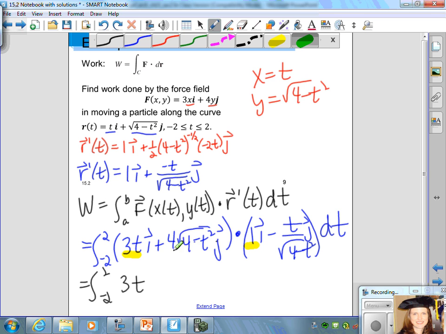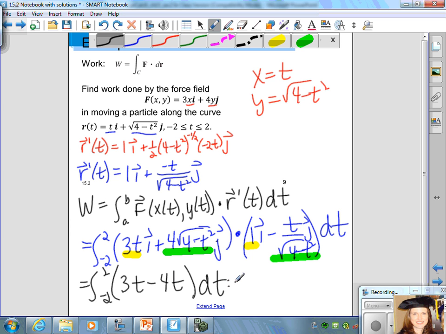And then let's multiply 4 times the square root of 4 minus t squared with this negative t over the square root of 4 minus t squared. Well, those 4 minus t squared terms are going to cancel out, so it's going to be 4 times a negative t, and that is going to give us a negative 4t, all of that dt.